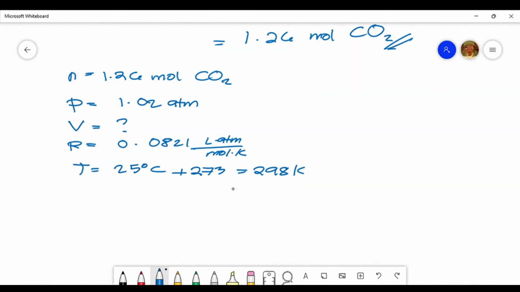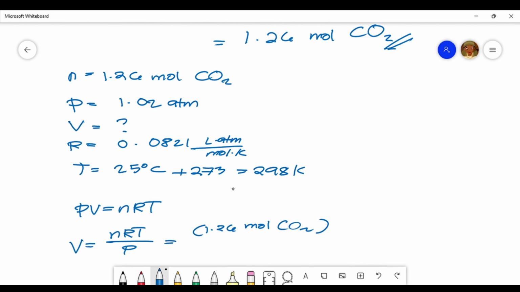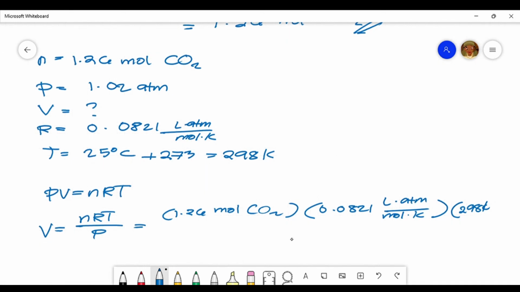Then we solve for V. We have PV equals nRT, and so V equals nRT over P. Now we have 1.26 mole of CO2, 0.0821 of L·atm over mole·K, and a temperature of 298 Kelvin, over the pressure at 1.02 atm.